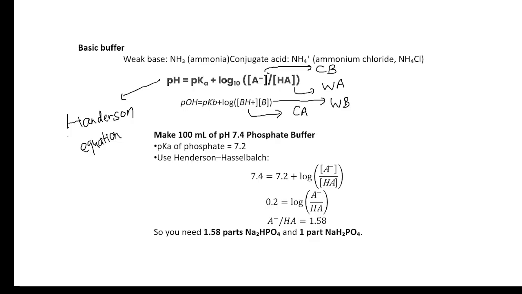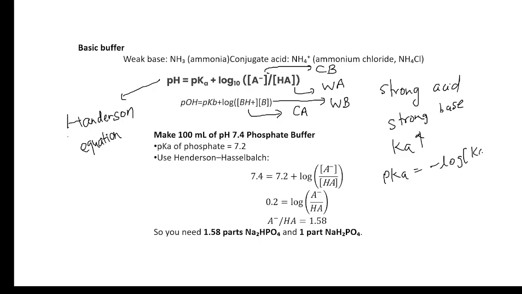One more thing is, any strong acid or a strong base will have a very high value of Ka, and because pKa is equal to minus log Ka, any strong acid or strong base will have high Ka, which is the acid dissociation constant of the acid, and Kb, which is the dissociation constant of the base.